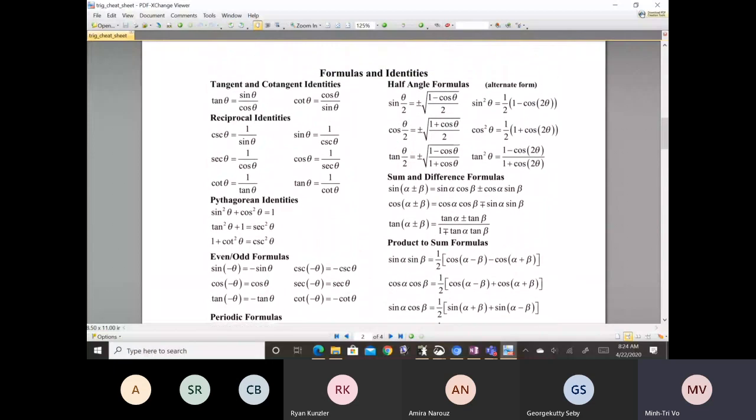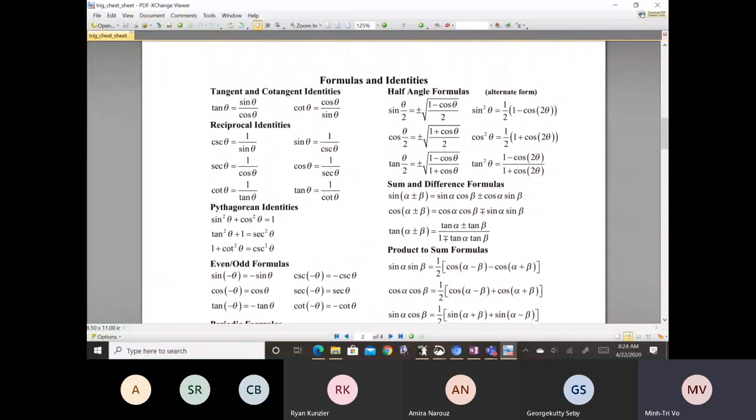In section 9.1, we're going to focus on the first three sets here on the left column: the tangent and cotangent identities, the reciprocal identities, and the Pythagorean identities, right? So section 9.1 is on this set here.